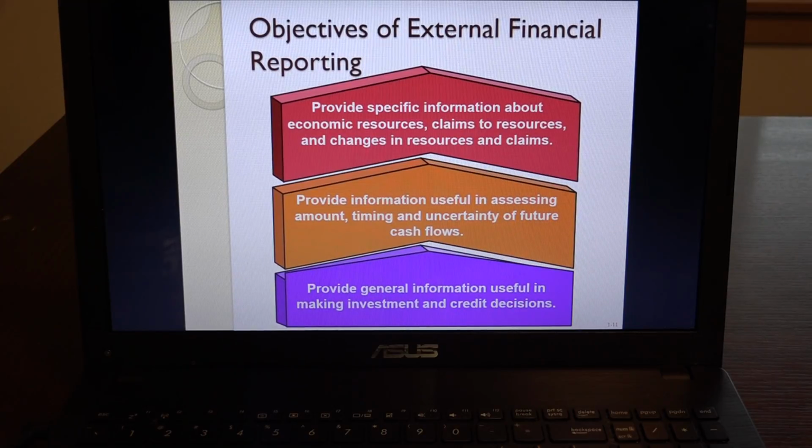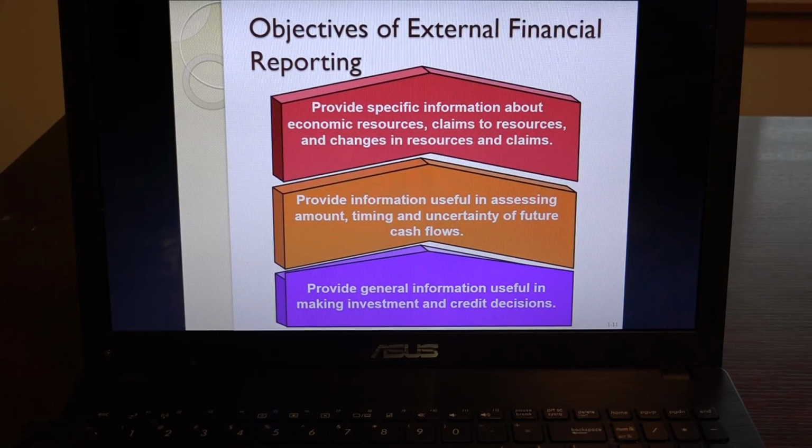So when it talks about providing specific information of economic resources, those are your assets. Claims to those resources, that's your liabilities. And what is left over is claims of the owners, okay? So there's claims to resources.